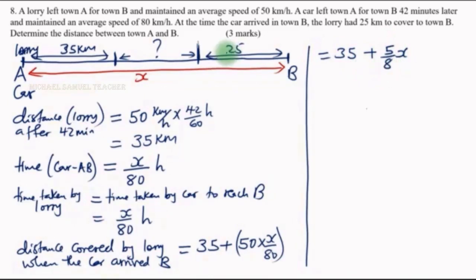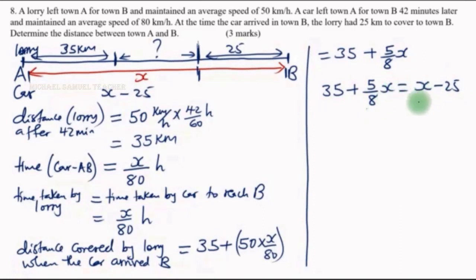But whatever is remaining here, so from here, actually all of this distance is the same as x minus 25. Therefore this will be equated to x minus 25, so that 35 plus 5 over 8x is equal to x minus 25.